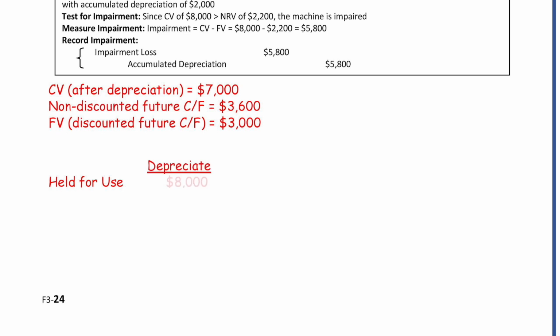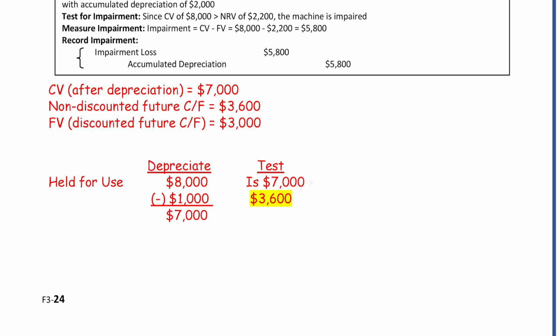So it's going to be $8,000, which is the beginning carrying value as of year 3, minus the $1,000, which is the depreciation for year 3, net $7,000. Now the test here is, is $7,000 greater than $3,600, and highlight $3,600. That's the non-discounted future cash flows.